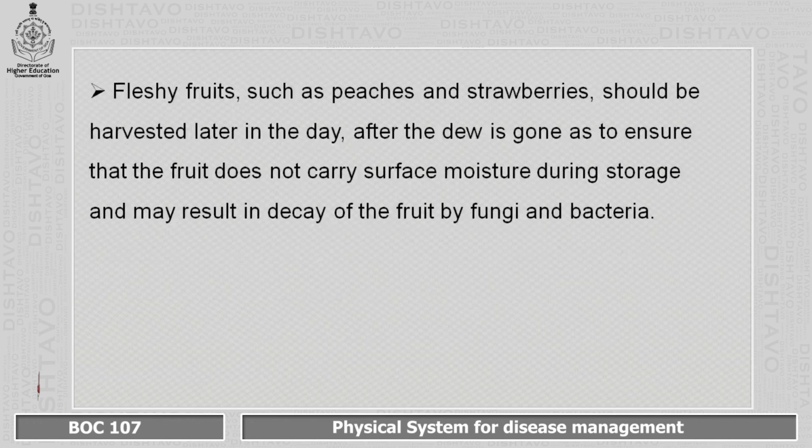Fleshy fruits such as peaches and strawberries should be harvested later in the day after the dew is gone, so as to ensure that the fruit does not carry surface moisture during storage, which may result in decay of the fruit by fungi and bacteria.